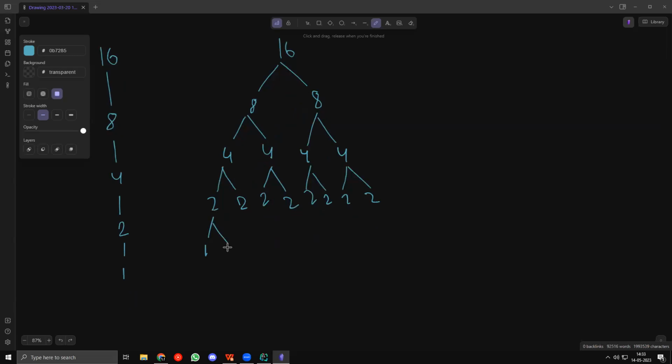And finally, we'll have 1, 1, 1, 1, and so on. This will all be 1, so you can just imagine that. Now you can see that we have basically 8 values of 2. In other words, 16 values of 1, which is just O of n, right? So from 16, we are recalculating the same value twice.